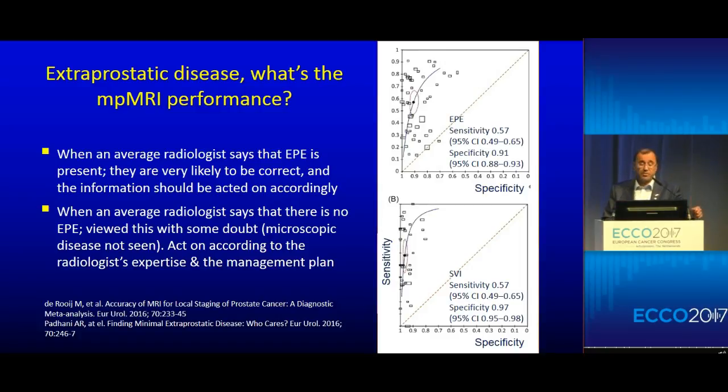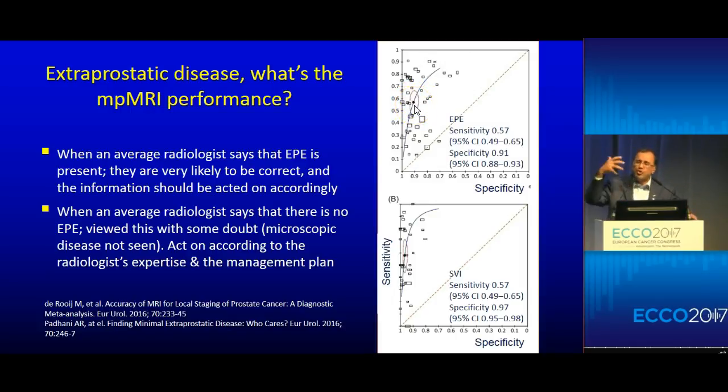Here's a meta-analysis published recently looking at extraprostatic disease. The specificity is great, 95%. The sensitivity isn't that great, 60%. So what does that mean?